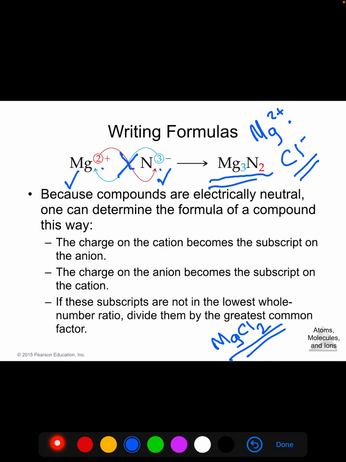The charge on the cation becomes a subscript on the anion, the charge on the anion becomes a subscript on the cation. So if you can remember that, make sure that you do it that way. And if it is not the lowest whole number ratio, divide by the greatest common factor to get there.